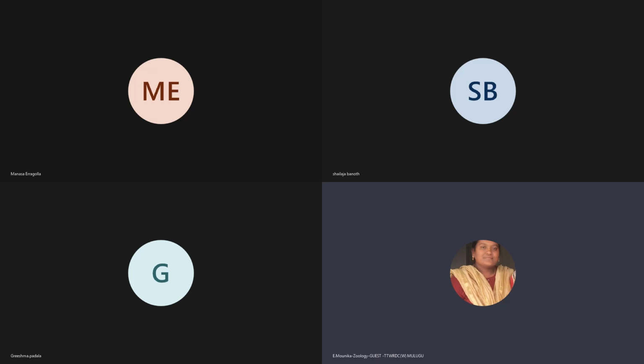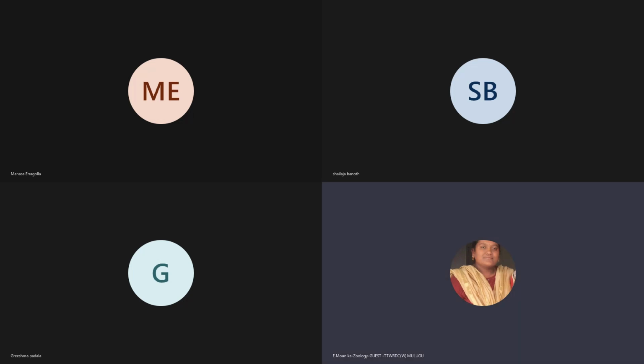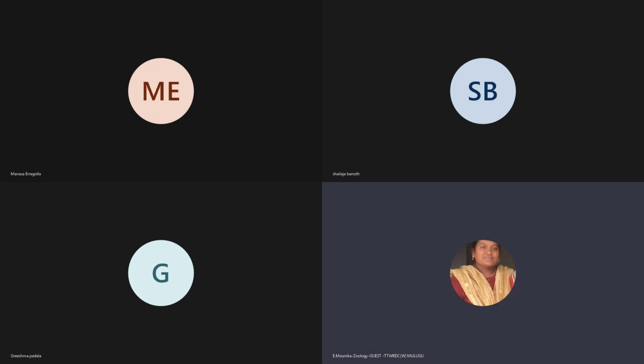For example, if we observe this diagram, three alpha domains are present and one beta protein is present, and the alpha chain is non-covalently attached with beta microglobulin.